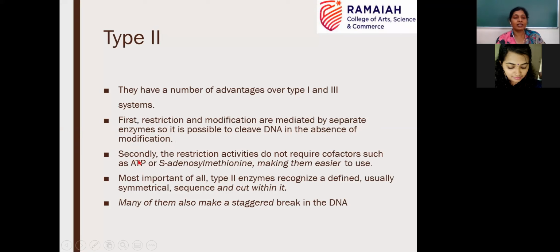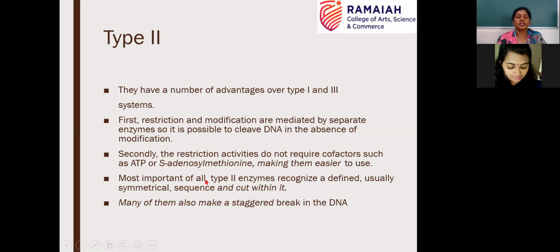The second advantage is that for the activity of these restriction enzymes, they do not require the cofactors like ATP and SAM, unlike type 1 and 3 restriction enzymes. Since they do not require these cofactors, using these type 2 enzymes for DNA cloning becomes easier.